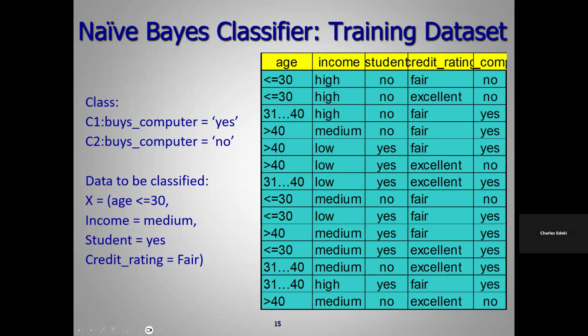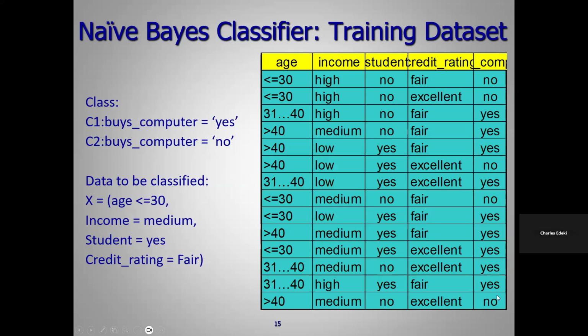So this is the training data. Now this is what makes this model very simple. So what we need first, we have 2 classes. We represent C1 as yes, you buy the computer, and C2, you didn't buy the computer.